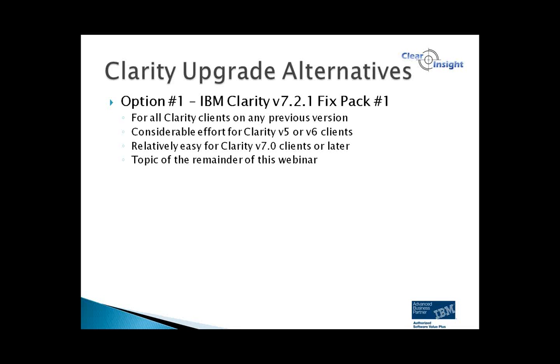You can get the software at no charge and get that installed. It's valid for everybody. It will be a considerable effort for those on 5 or 6 because of the need to rebuild many of the templates, but relatively easy for those on version 7. And this is what we're going to concentrate on for the remainder of this webinar: the various details for an upgrade to the latest version of Clarity. And by all means, send your questions in so that we can answer them relative to that.